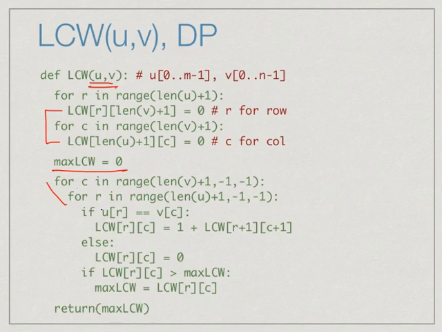Okay, so for each column, then for each row in that column, you fill up the thing using the equation. If it is equal, I do 1 plus, otherwise I say it's 0. And if I see a new value, this is the thing where I update. If I see a new entry which is bigger than the entry which is currently the maximum, I update the maximum. So this just allows me to quickly find out what is the maximum length overall. And finally, when I've gone through this loop, I would have filled up the entire table, and I will return the maximum value I saw overall.